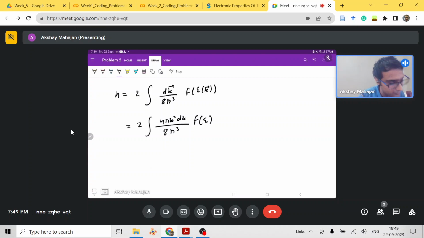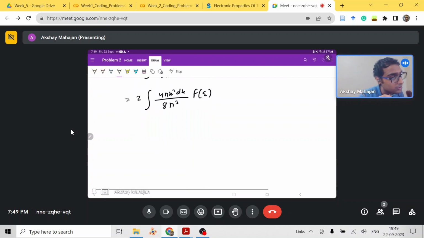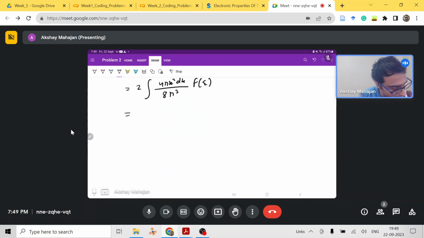So now from here we get some cancelling, and we will have the integral of k squared dk divided by pi squared times f of epsilon.